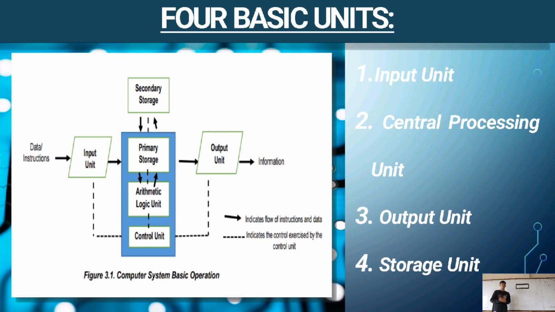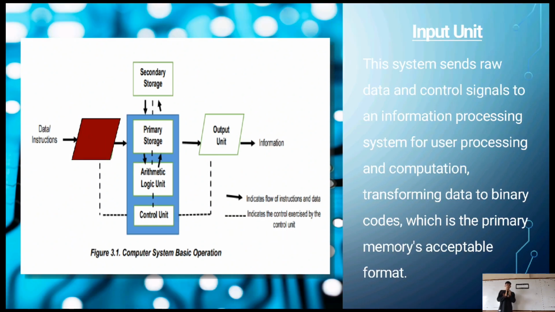The four basic units are the input unit, central processing unit, output unit, and storage unit. Input unit: this sends raw data and control signals to an information processing system for processing and computation, transforming them to binary codes, which is a format acceptable to primary memory.